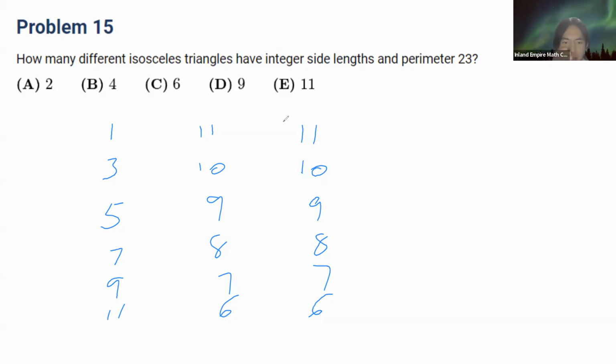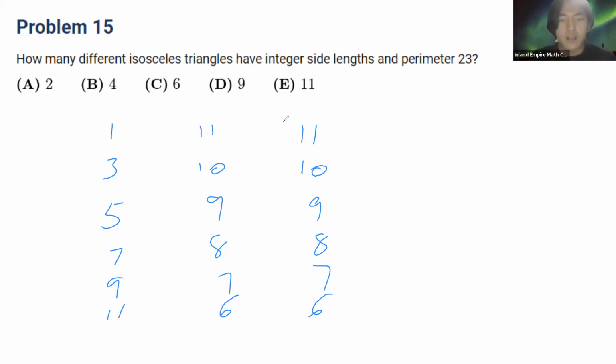And the way you would do that is you would use the triangle inequality. The triangle inequality is the idea that in a triangle, any two given sides added together are greater than the third side, right?